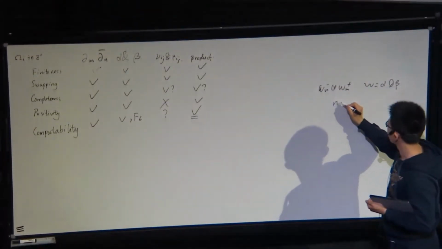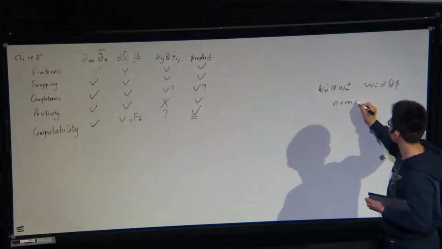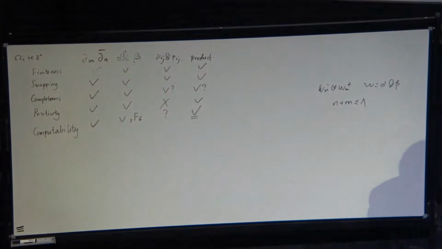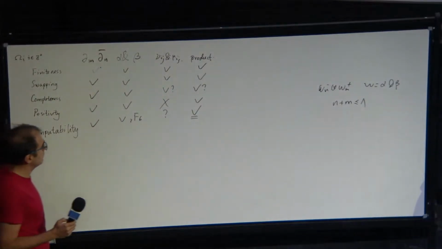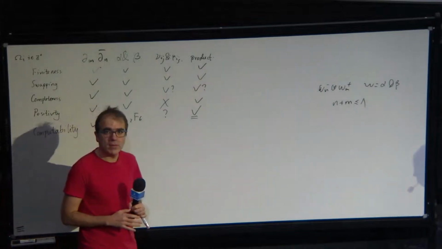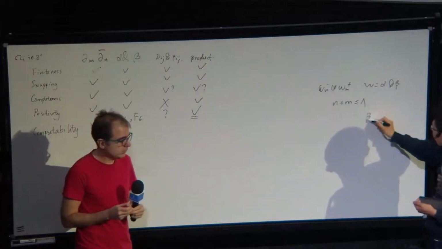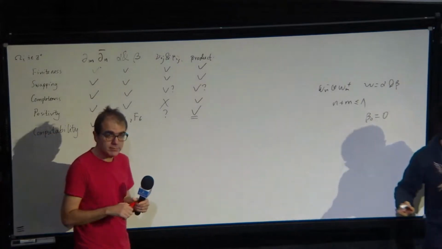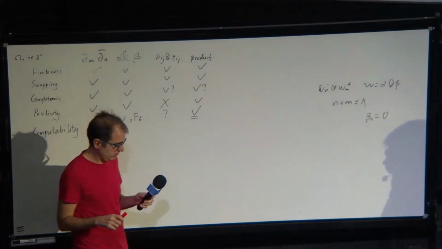We just demand that n plus m is smaller than some lambda. This is our criterion. You will notice that for the fermionic FB category, we have fewer functionals. That is because in the fermionic basis, beta 0 is always 0, so it is excluded. Otherwise, they are the same.